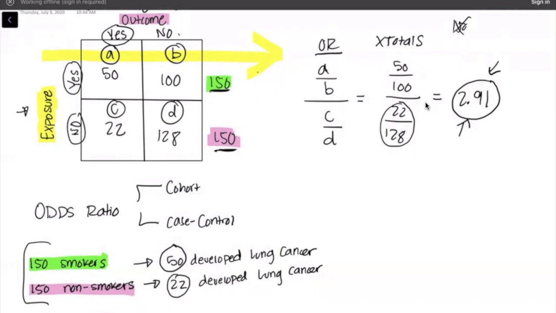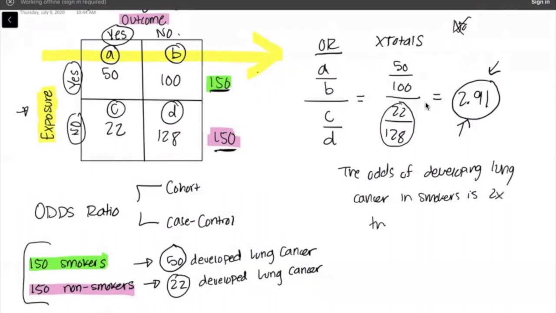I would say that the odds of developing lung cancer in smokers is 2.9 times the odds of developing lung cancer in non-smokers.